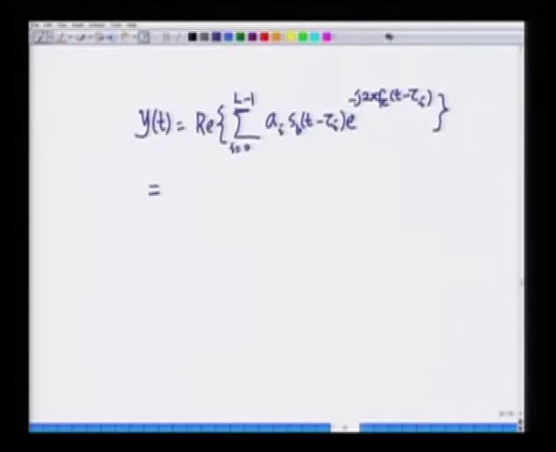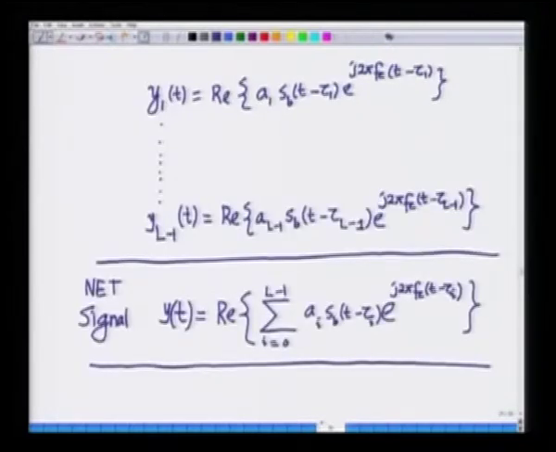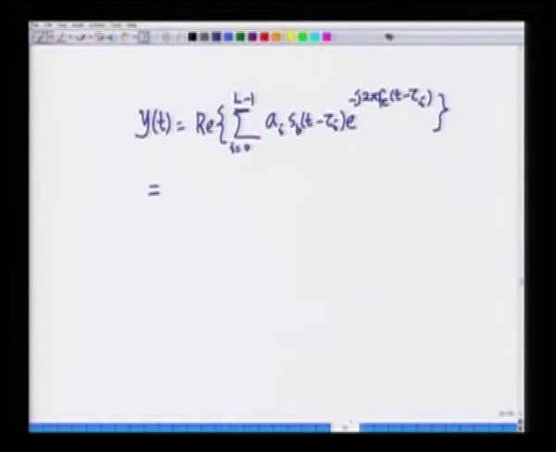out the common factor e^(j 2 pi f_c t). I am sorry, this is e^(j 2 pi f_c t), not t minus tau_i.